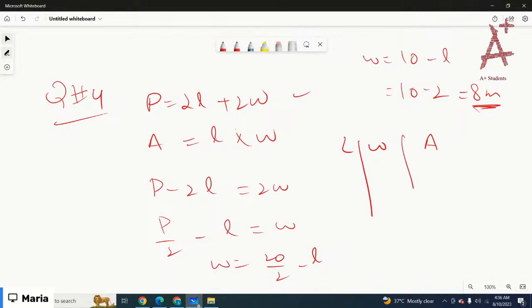So here, length is 2, width is 8, and the area is 2 times 8, which is 16. So you have to use different values like this, right? Length is 1, width is 9, area is 9. Length is 3, width is 7, and 7 times 3 is 21. You have to make a total of 10, right? So these are the different values you can use, right?